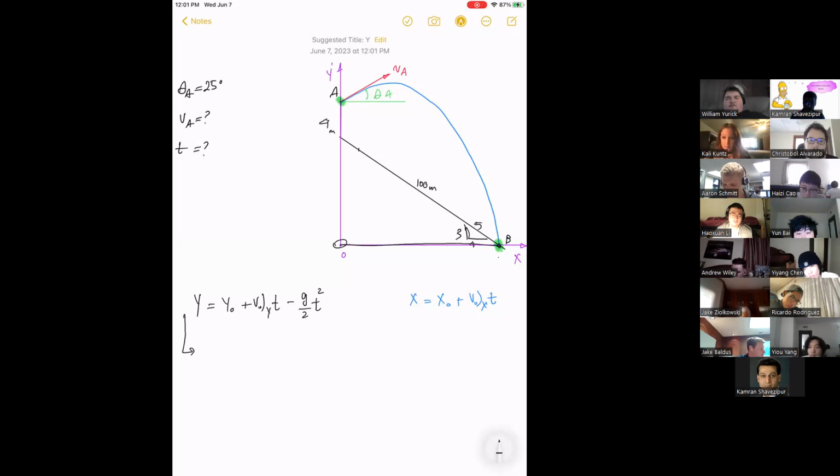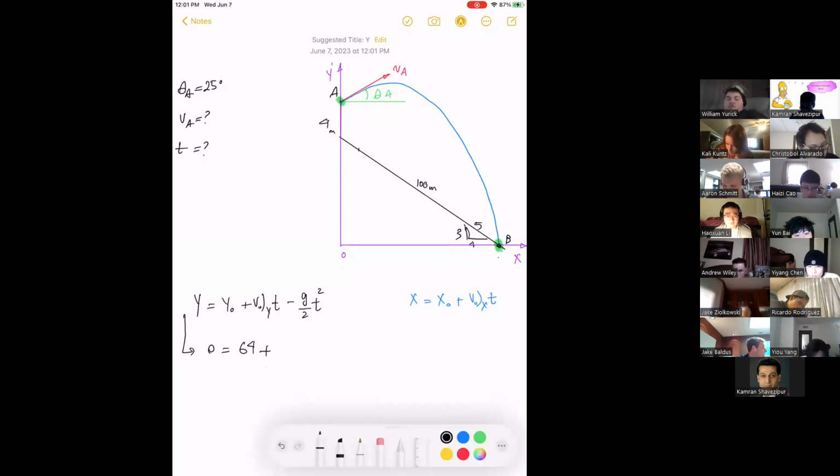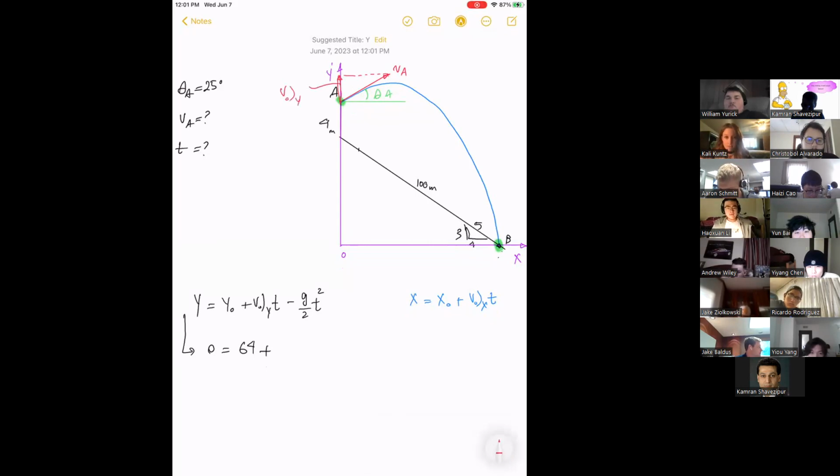What do you mean, the Y that starts component at 0? Of position 0, yes, right? Because I'm going to substitute values, you get 0 is equal to 64 plus initial velocity at the Y component. If I project this velocity, this is going to be V0Y, and it's going to be V0X, right?